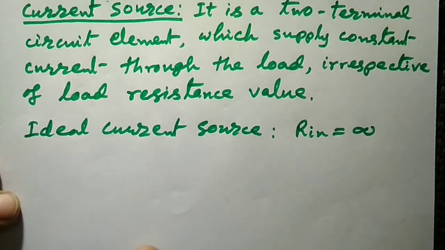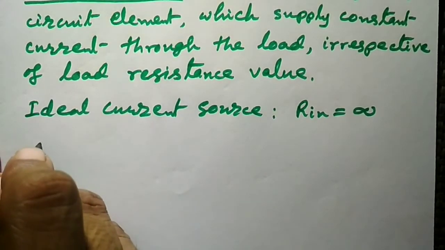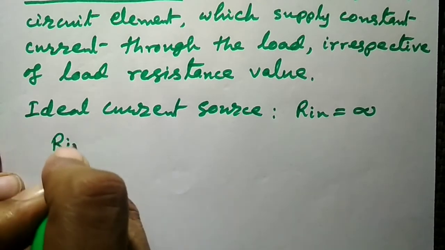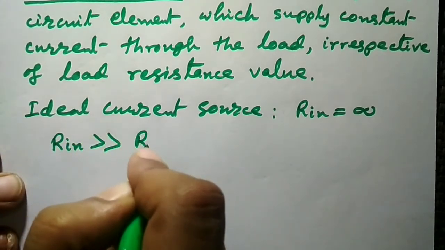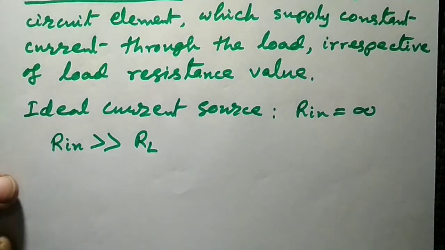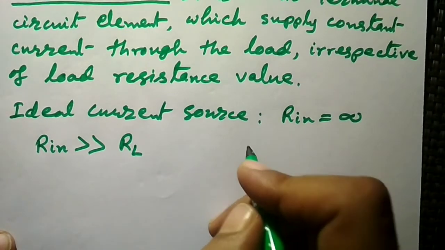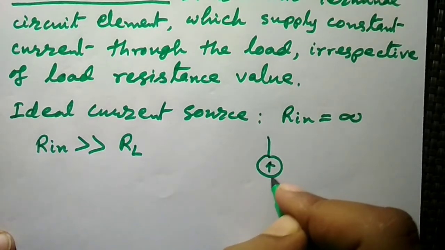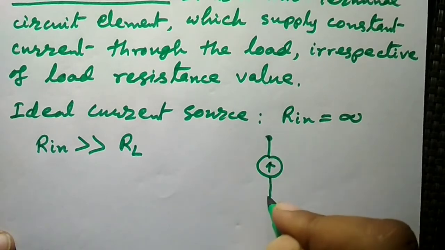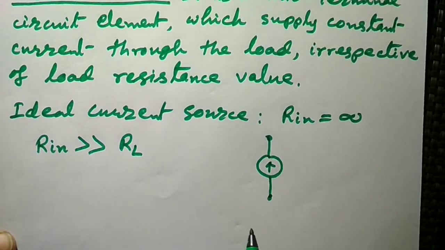In other words, the current source can be defined as the energy source which has an internal resistance much greater than the load resistance value. The symbolic representation of a current source is, where the arrow sign indicates the direction of the current from the source.